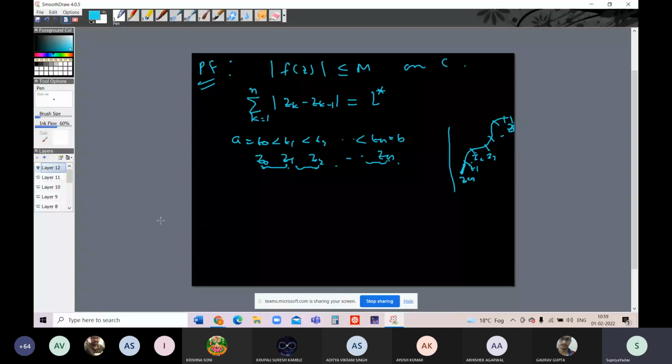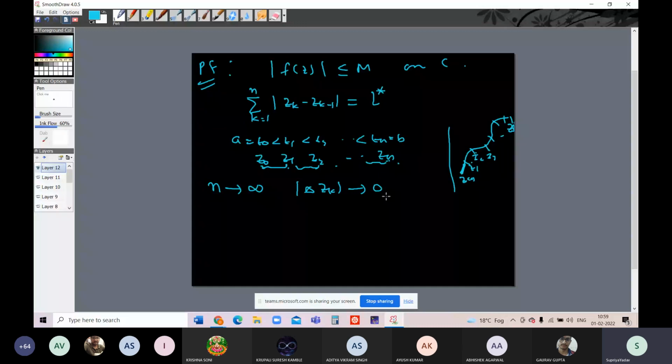So when we take the subdivision with n tending to infinity, you know that the maximum length of the subdivision approaches 0.